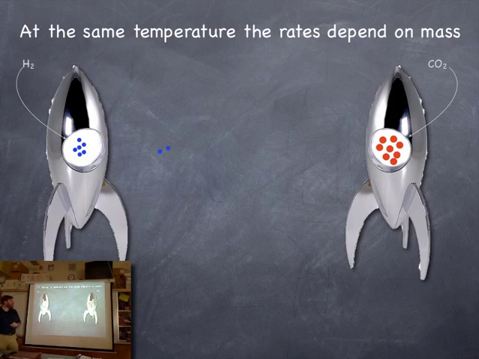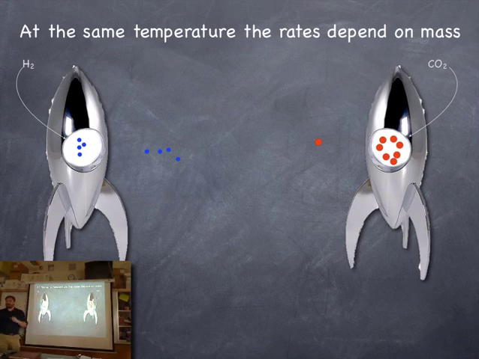If we think about a certain amount of time passing, we're going to get 4 particles of hydrogen leaking out and 1 particle of carbon dioxide, because hydrogen is a lighter gas. So lighter gases will effuse faster than heavier ones.